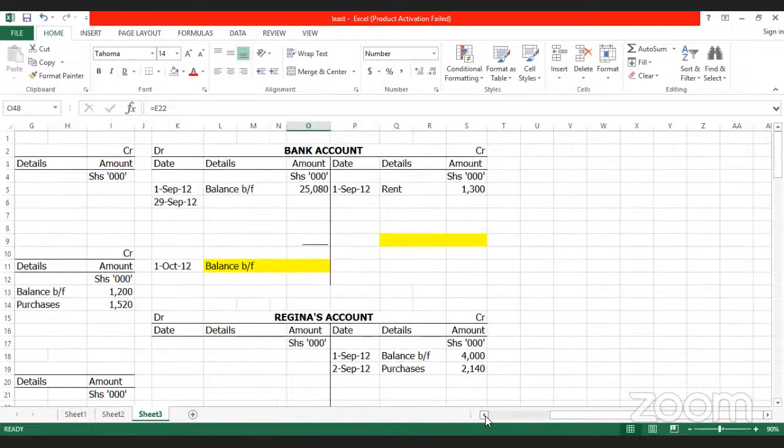We need a cash account and the motor expenses account. Those accounts are here.